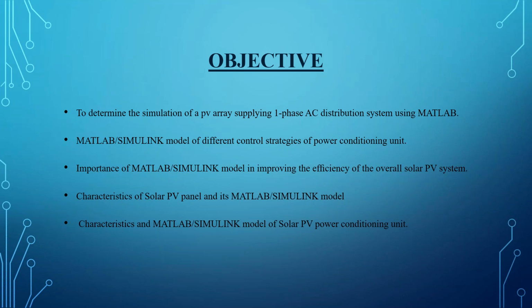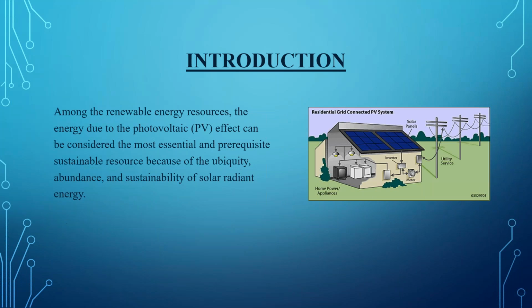Next part will be discussed by my fellow mate Arif Hussain. So my part is the introduction. The renewable energy resource, the energy due to the photovoltaic effect, can be considered the most essential and prerequisite sustainable resource, because of the ubiquity, abundance and sustainability of solar radiant energy.